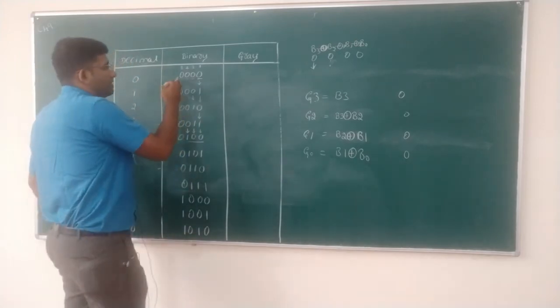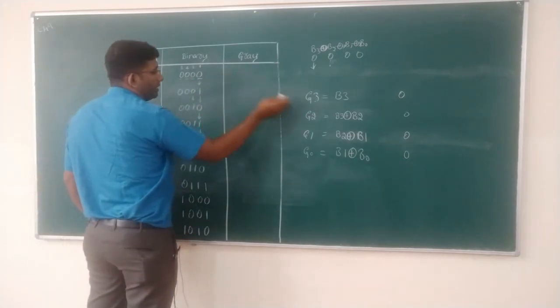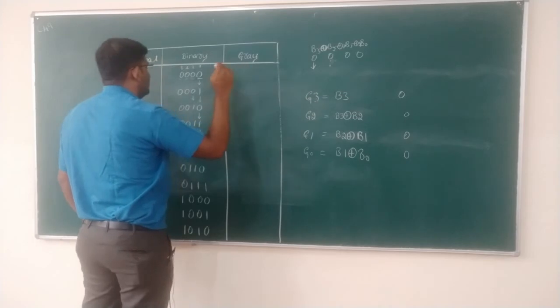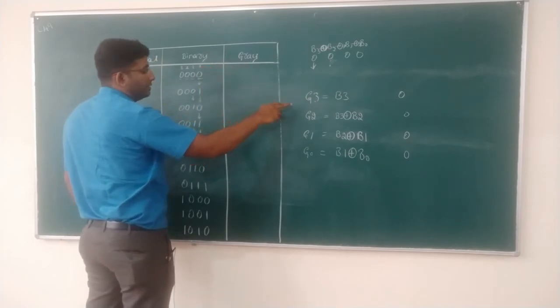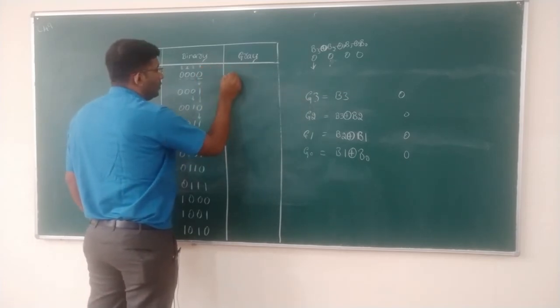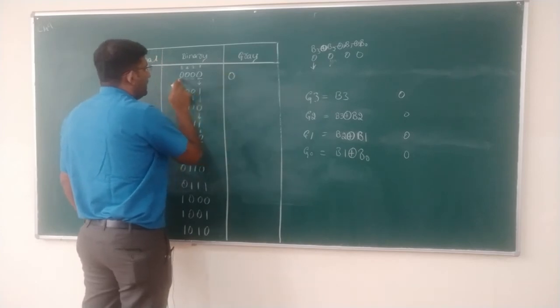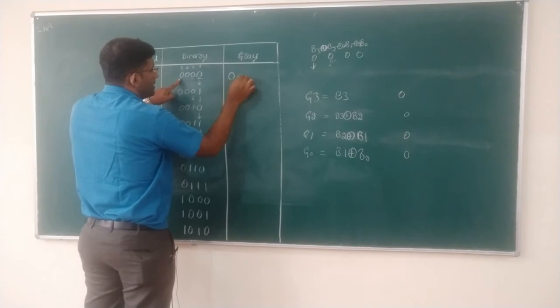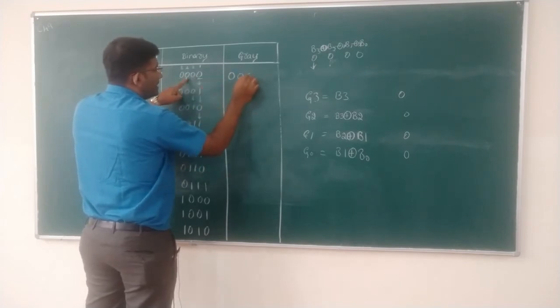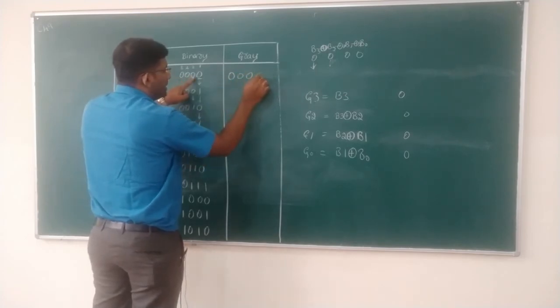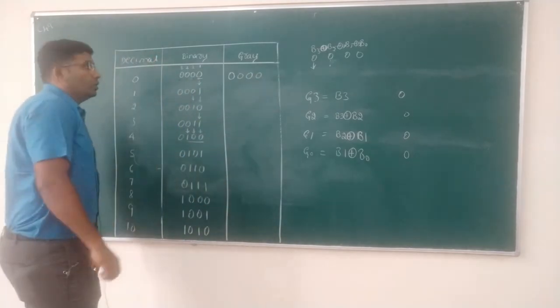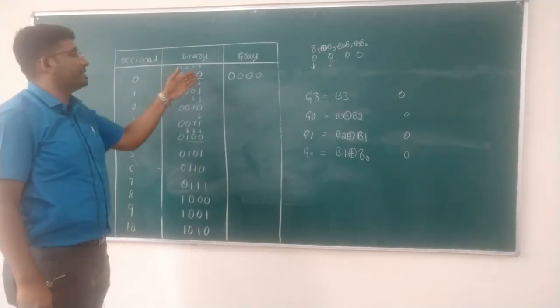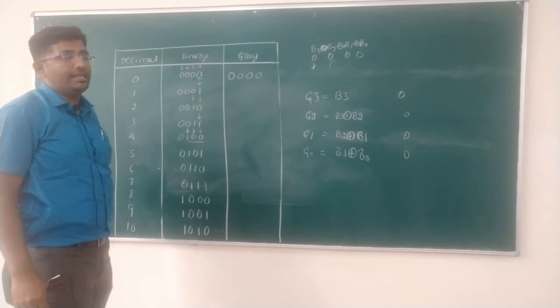Now consider the first one. As we said in the formula itself, you need to consider B3 as G3. Now you have to add 0 plus 0, 0, 0 plus 0, 0, 0 plus 0, 0. So the first 0 will be represented both in binary and Gray the same.